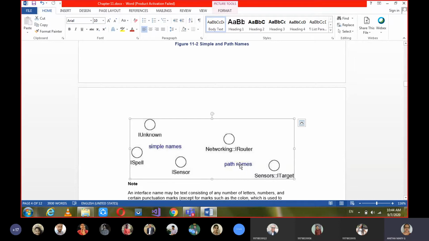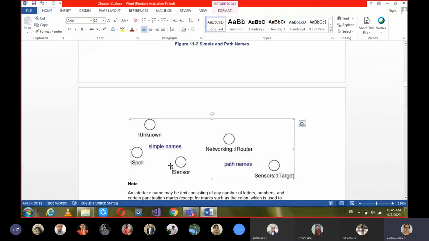So naming of an interface is of two types. A name is a text containing any number of letters, numbers and punctuation, except colon.